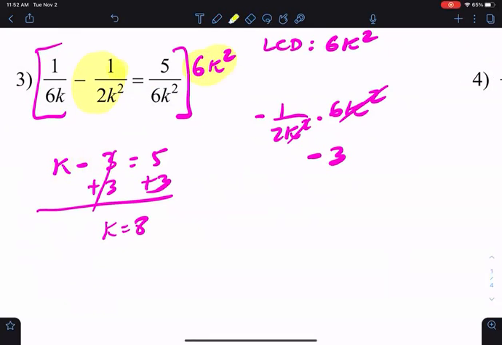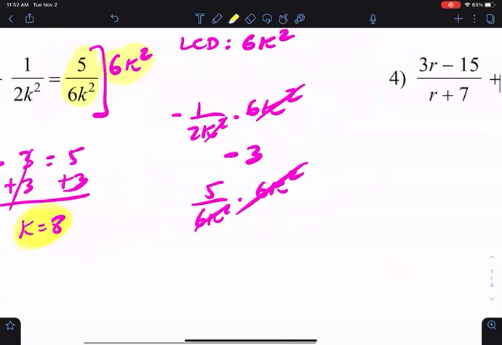And now I need to multiply this 6k squared times this, so this is 5. Now you solve for k: you add 3 on both sides, so that's 8. That's the answer. Hopefully you can review this problem many times, and then you can get how to solve it.